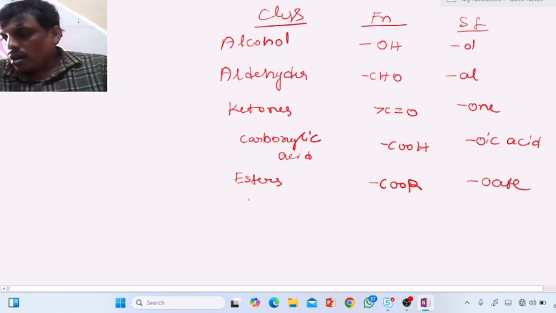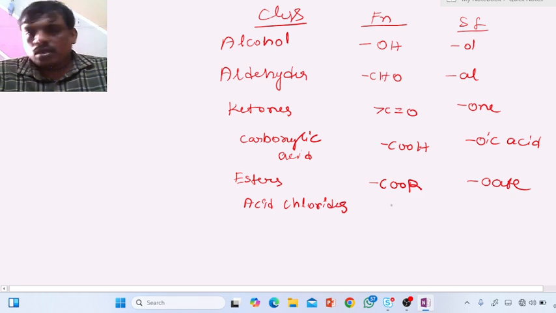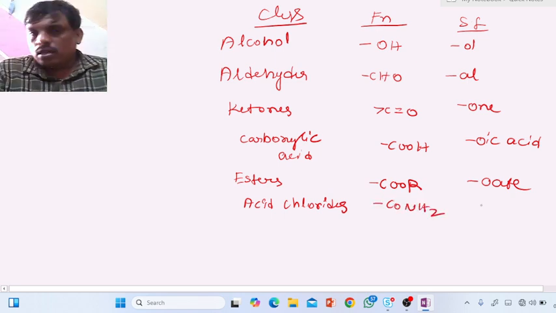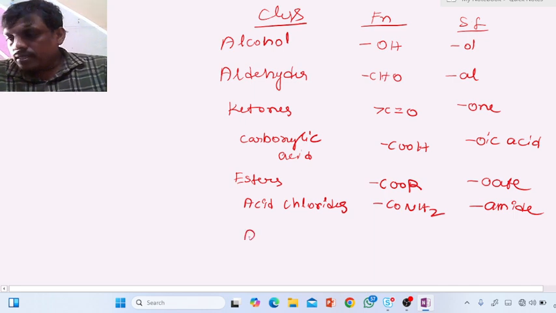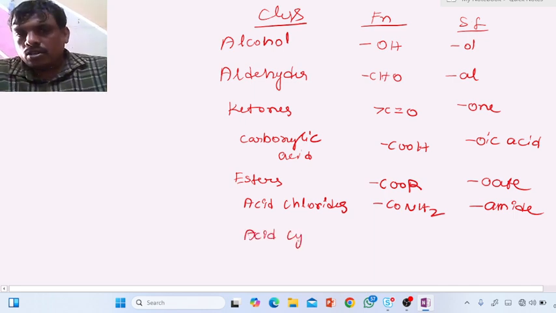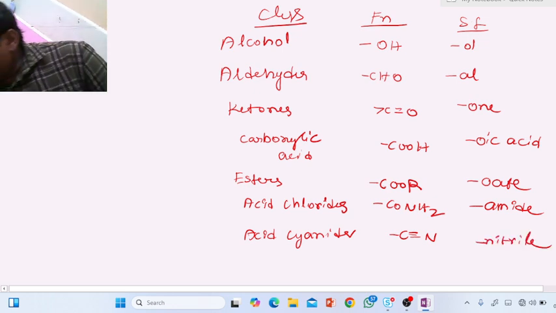After esters, acid amides, CONH2, and amide is the secondary suffix. Cyanides are there, C triple bond N, and these are nitrile groups.